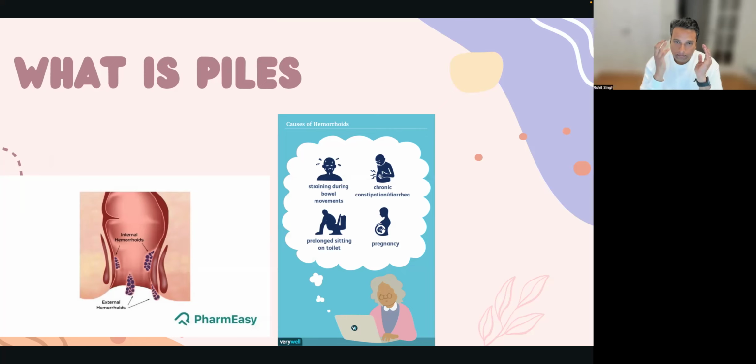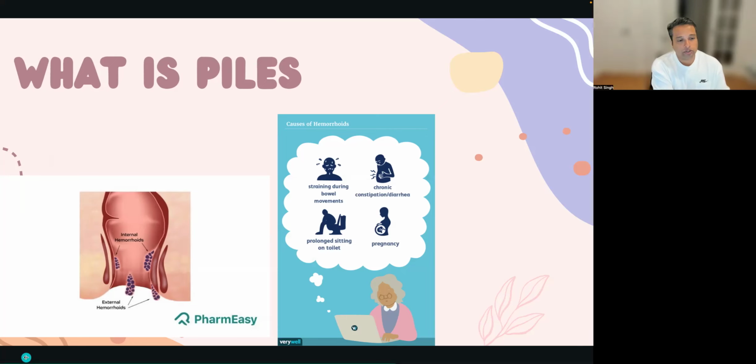But the main reason why it is happening is that the veins in your anal area, or your excreting area, are under stress and become swollen, prolonged, and then cause discomfort, and you need some kind of medication or surgery to get rid of it.